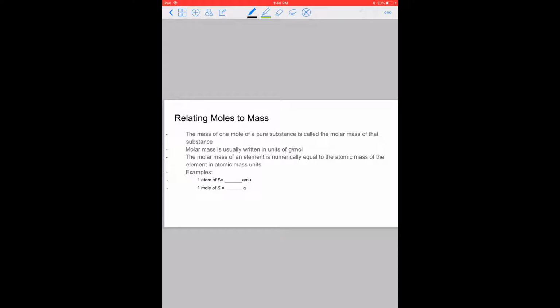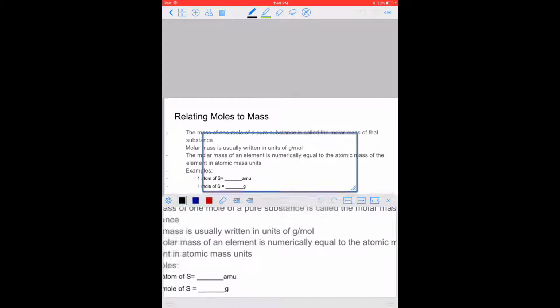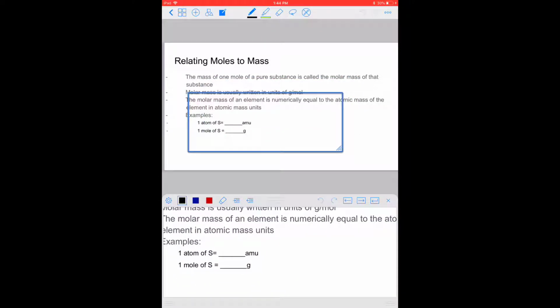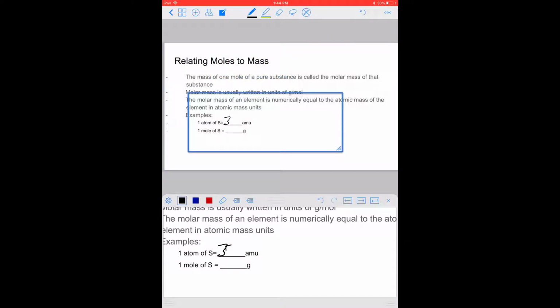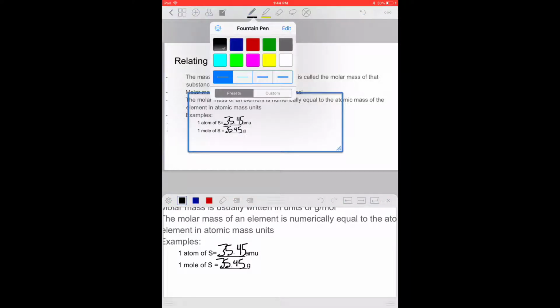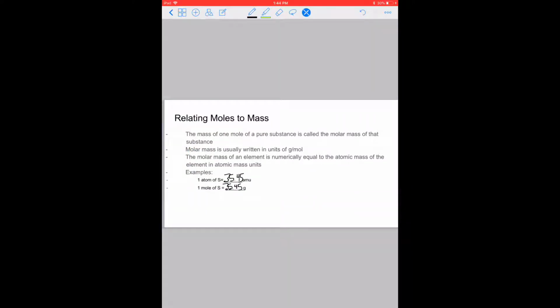That's telling us how many atomic mass units we have in 1 mole of that substance. So specifically for sulfur, we see that that number is 35.45. So I'm just going to write that in here, 35.45. And in 1 mole of sulfur, we would also have 35.45 grams of sulfur. So in 1 atom of sulfur, we have 35.45 atomic mass units, and in 1 mole of sulfur, we have 35.45 grams of atomic mass, or 35.45 grams.